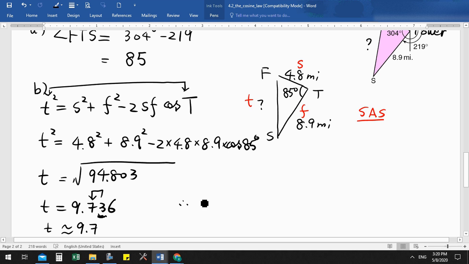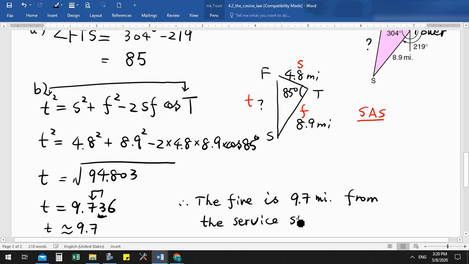Okay, then we are going to write the statement. The fare is 9.7 miles from the service station. So these are two examples.